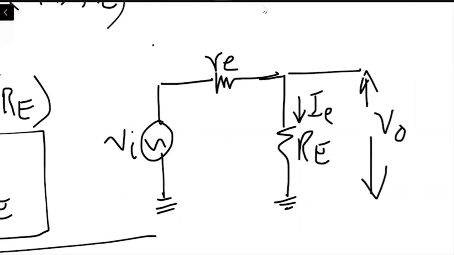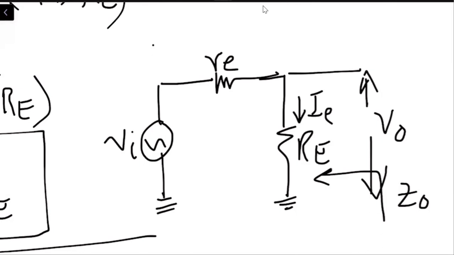And by looking from this side, we will actually find Z naught for the system. Are you with me now?